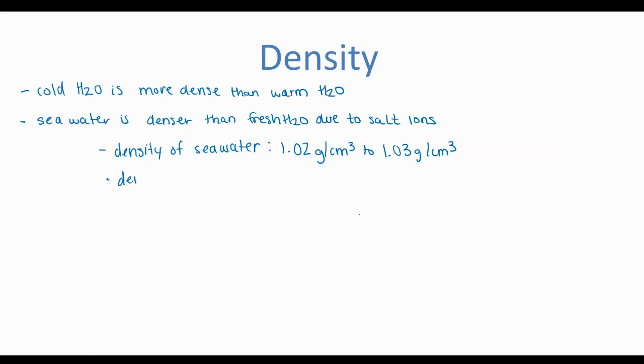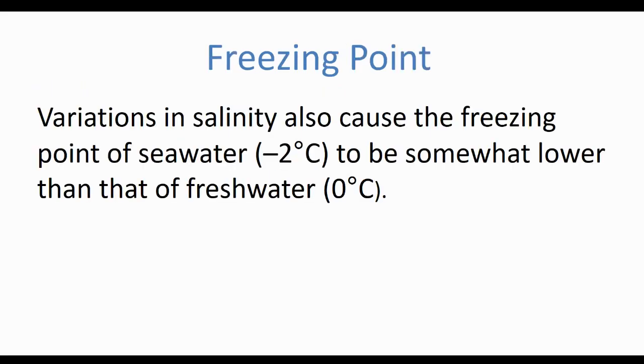And the density of freshwater is 1.00 grams per cubic centimeter. The variations in salinity are also going to cause the freezing point of seawater to be somewhat lower than that of freshwater. So seawater, saltwater, is going to freeze at -2 degrees Celsius, while freshwater freezes at 0 degrees Celsius.